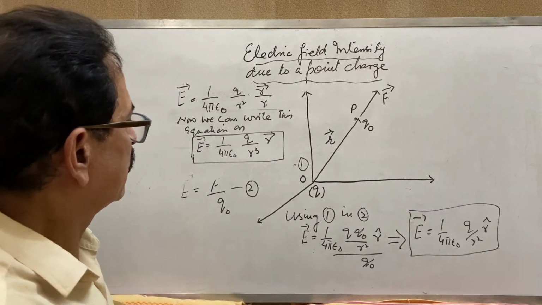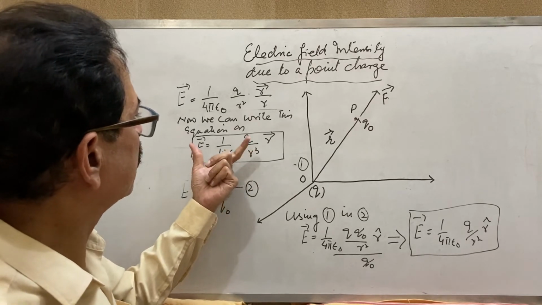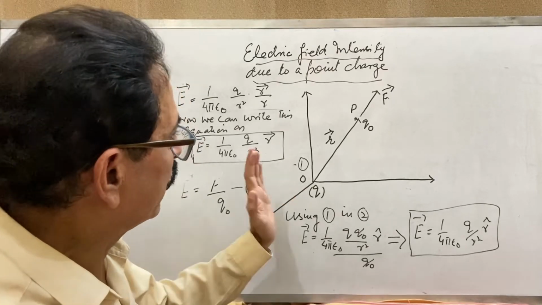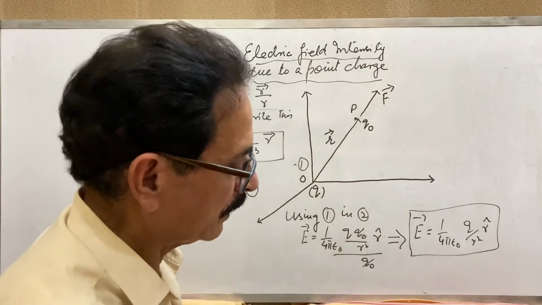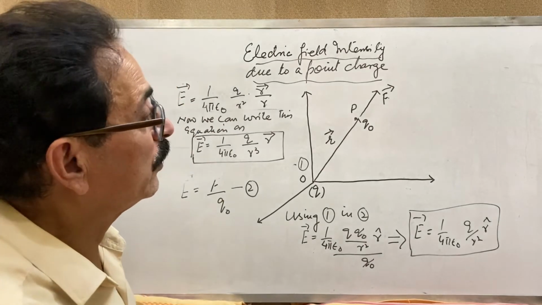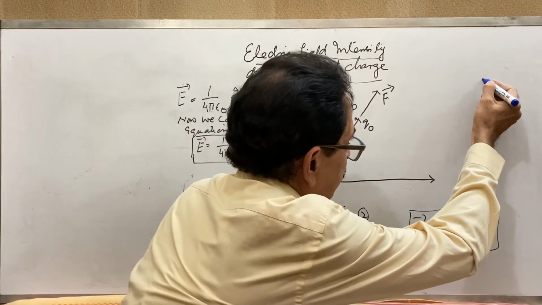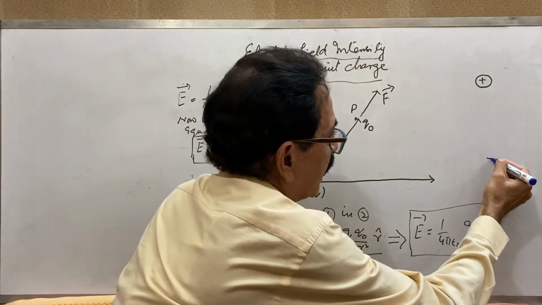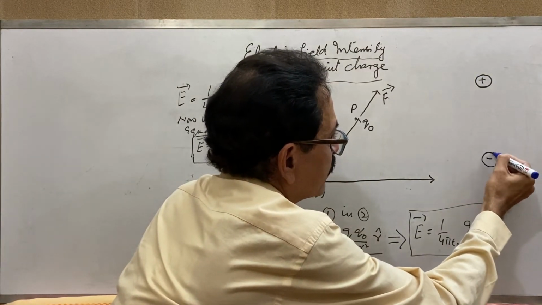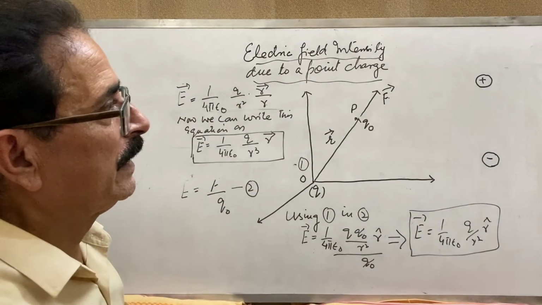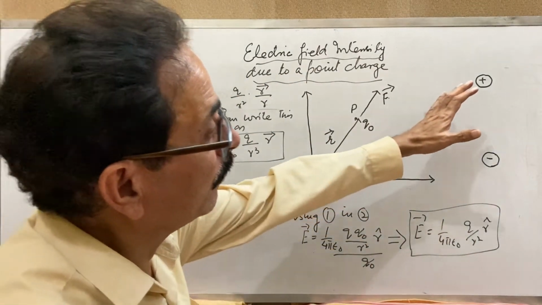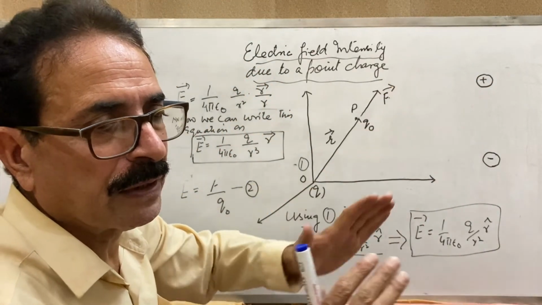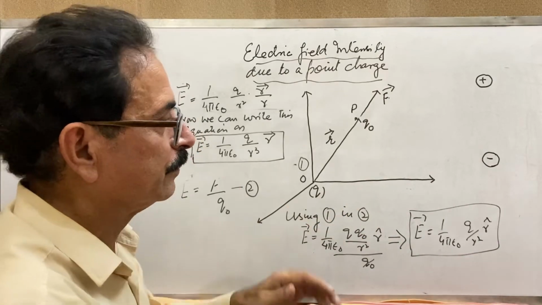We can write the electric field intensity in terms of coordinates also. Before that, now we have here two charges, as you are aware of this, a positive charge and a negative charge. The concept: positive charge emits electric lines of force always in outward direction.